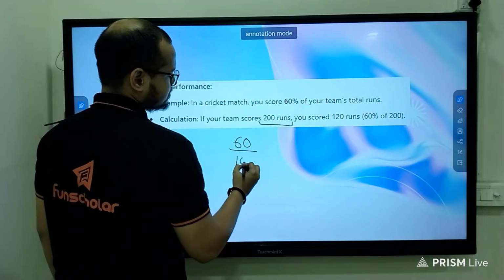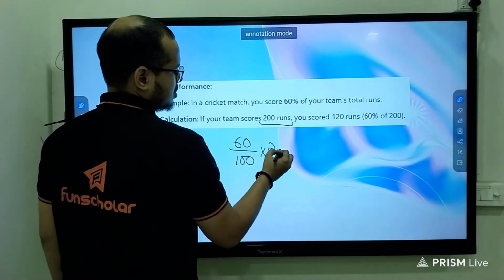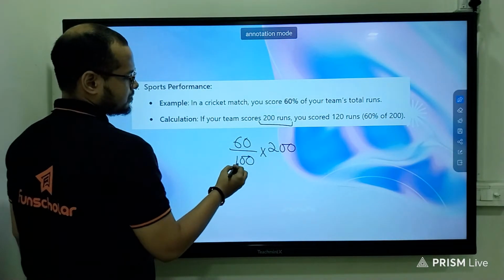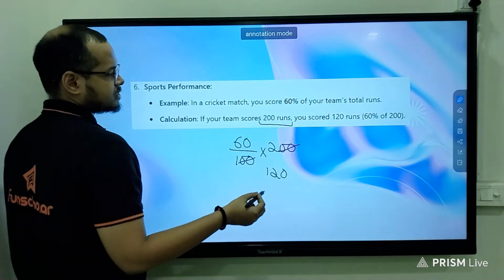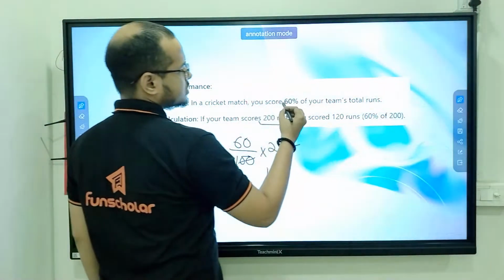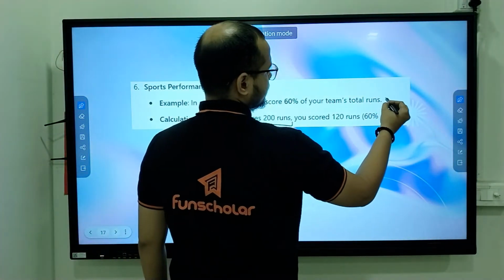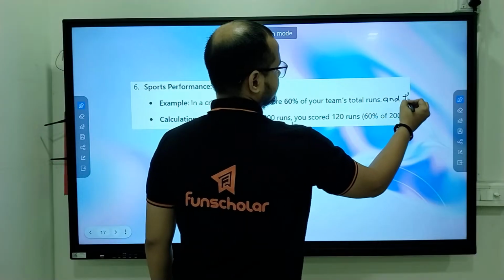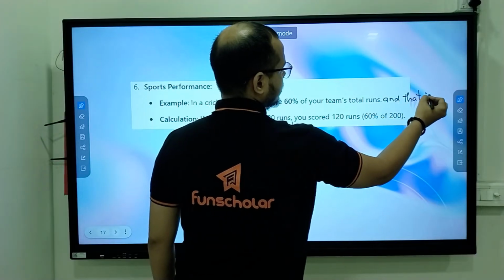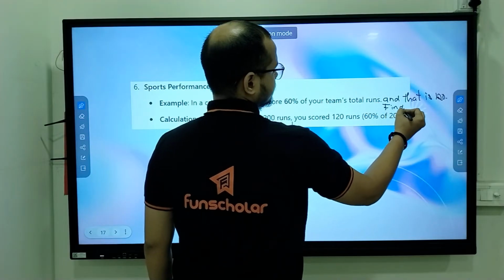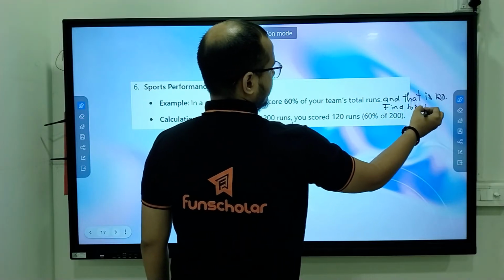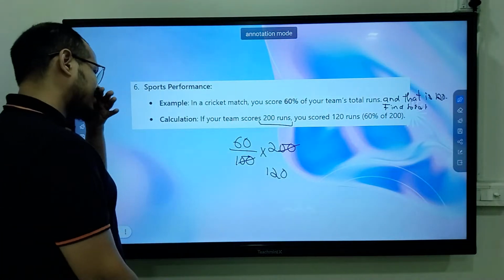So 60% of 200, the zeros are gone, I scored 120 runs. Now in the question, if you score 60% of your team's total runs, and that is 120, find the total.